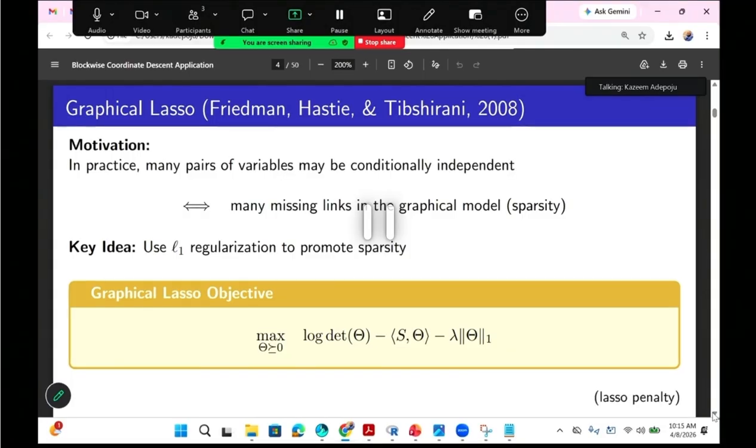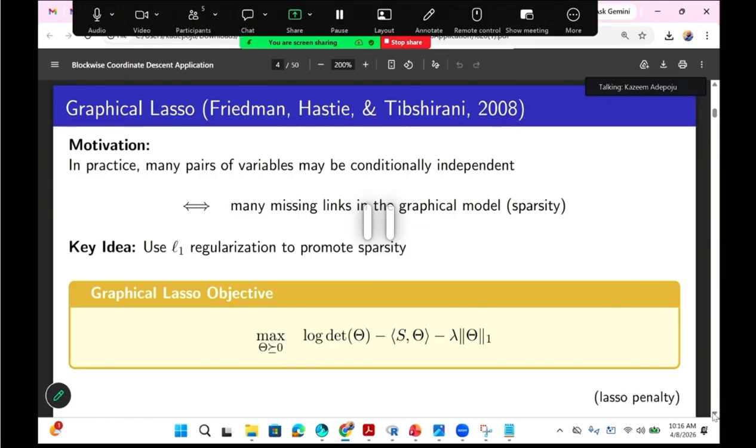So the precision matrix helps us build a sparse model. Now, based on what I showed you on Monday, we use the method of maximum likelihood. To use the method of maximum likelihood, we started from the multivariate normal distribution. From the multivariate normal distribution, wherever we see the inverse of the covariance, we plug in the precision matrix.